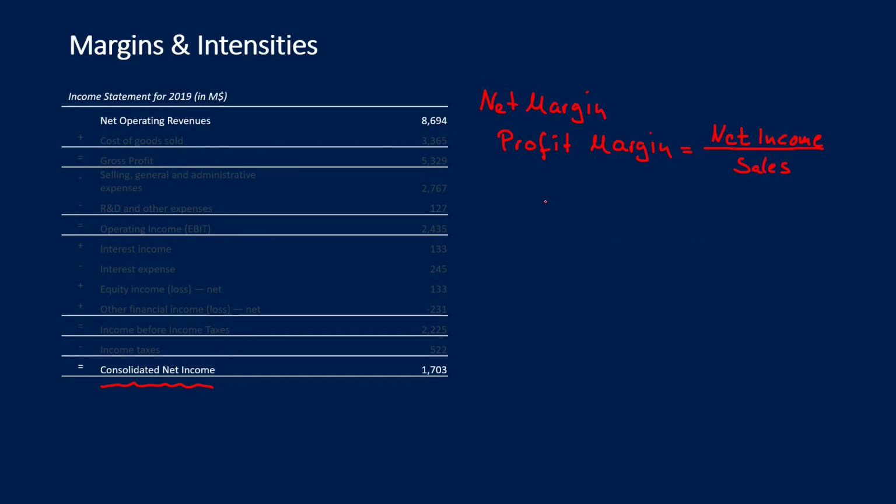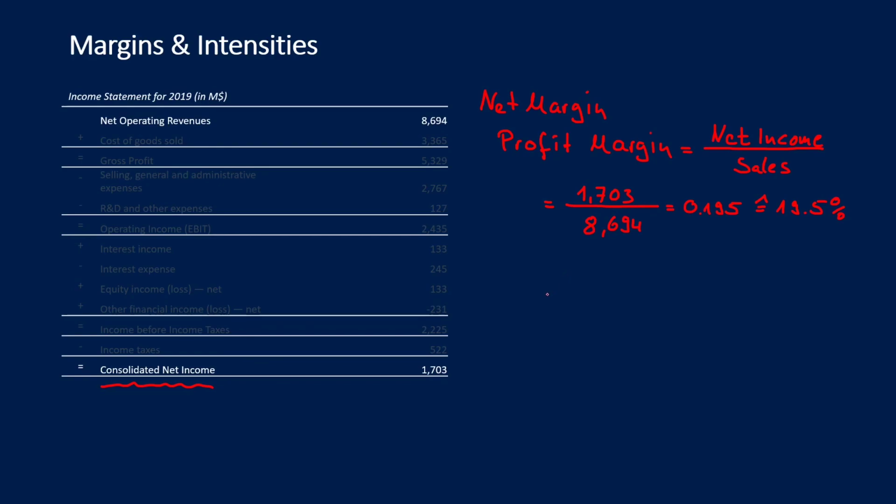So, in this particular case, we would now divide 1,703 by 8,694, and that is, I just wrote this down, 0.195, which is equivalent to 19.5%.